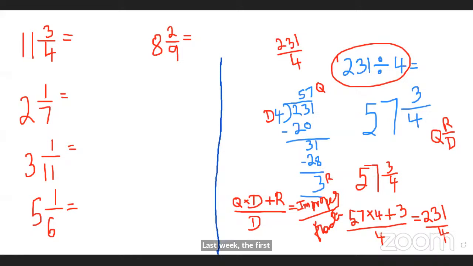Anyone did not understand? First, you let me know. I'll explain it, then I'll give you the answers. Anyone who did not understand how to convert a mixed fraction to an improper fraction? Anyone there? Who did not understand how to convert?